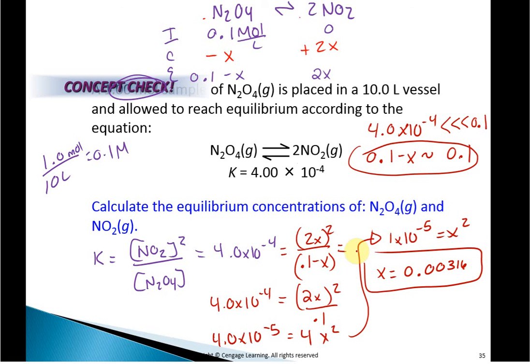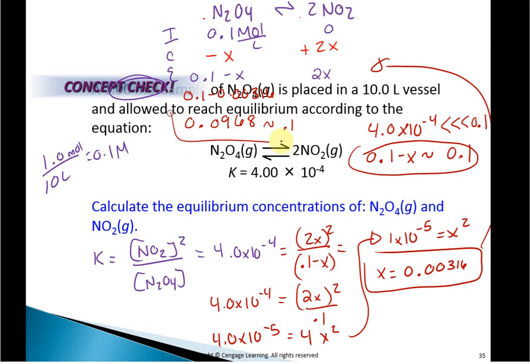So if we look at this, we can go back and calculate the concentrations of these. 0.1 minus x is the equilibrium concentration of here. Where am I going to solve this? 0.1 minus 0.00316 gives you something like 0.968, which is about 0.1.